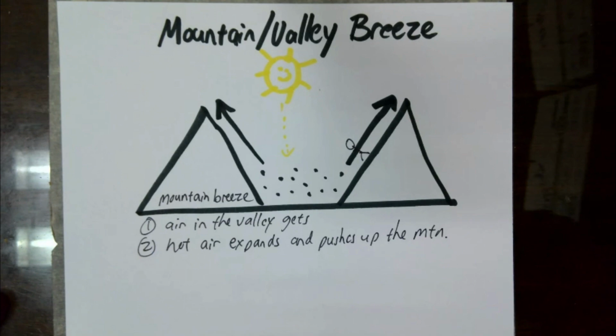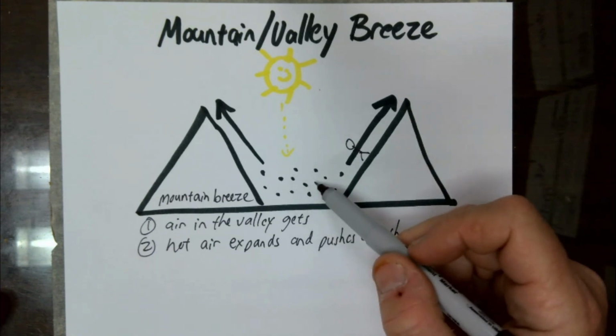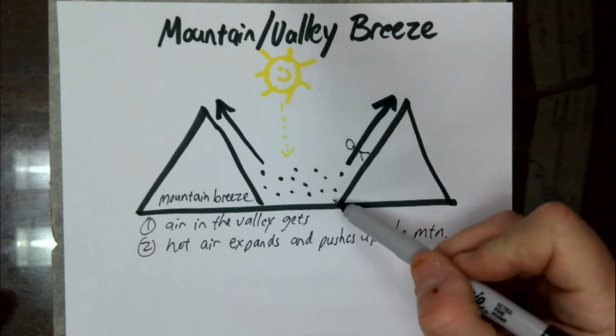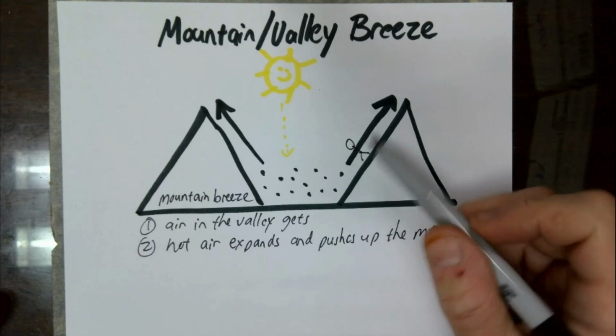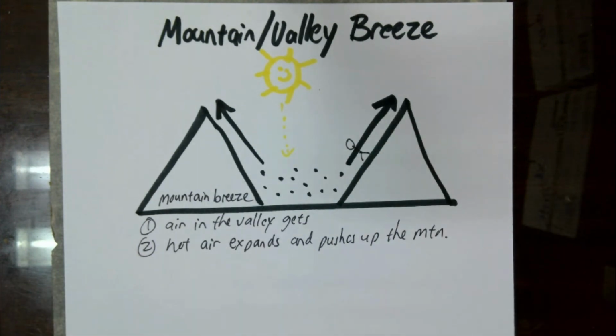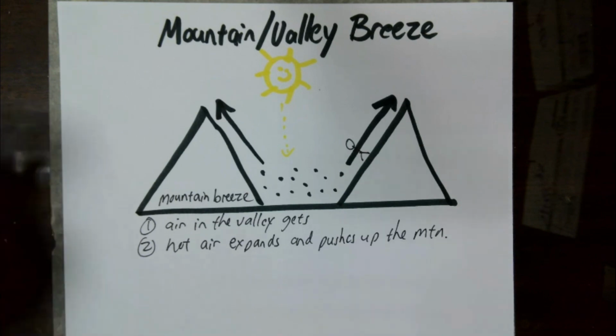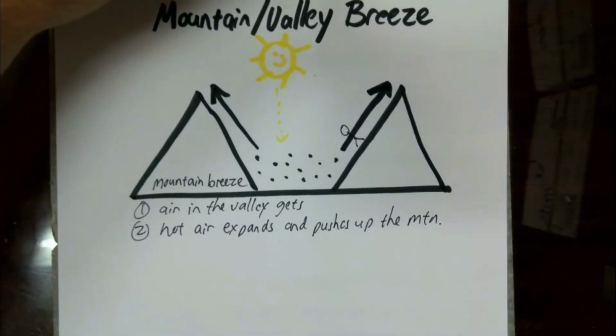That's what a mountain breeze is. It's the air in the valley gets hot with the sunlight, and then it moves up the mountain, and that's what you would actually feel. Now, something different is going to happen when the sun goes down. So let's take a look at that.